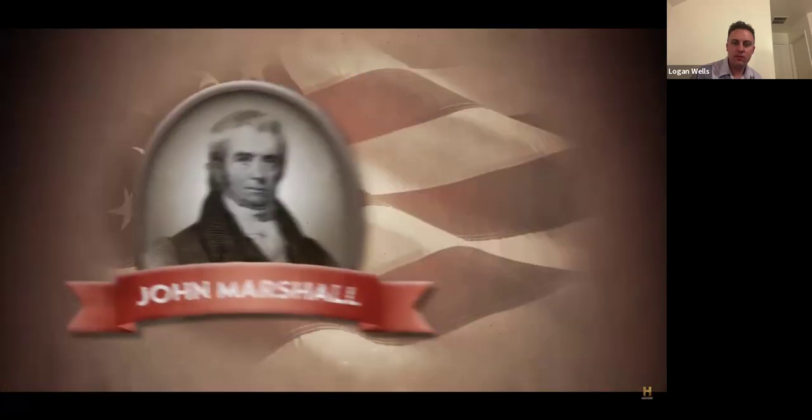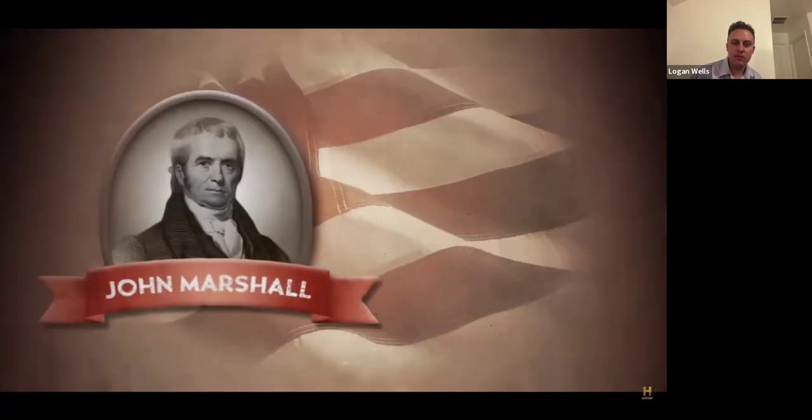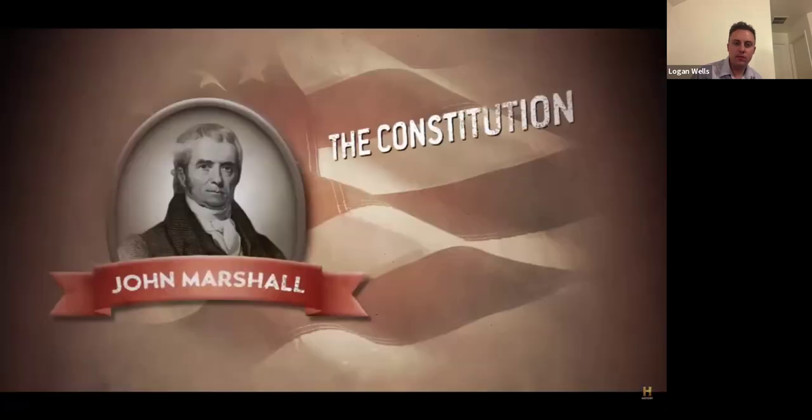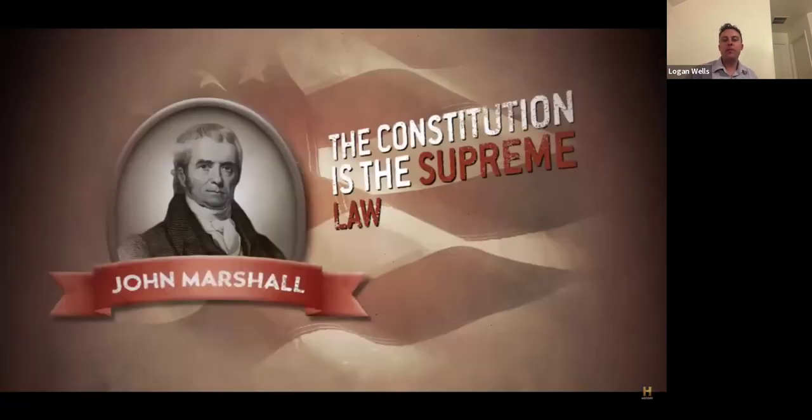But Marshall ruled that Section 13 of this law violated the Constitution because it gave the court powers the Constitution said it shouldn't have. Long story short, it wasn't the Supreme Court's place to rule in a decision like this. In striking down the Judiciary Act of 1789, Marshall also struck a blow against the authority of Congress. The Constitution, as Marshall put it, was the supreme law of the land.